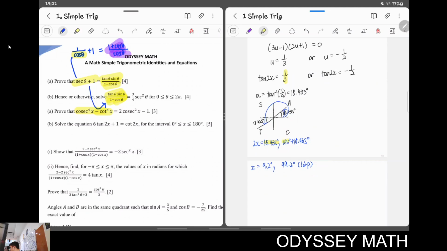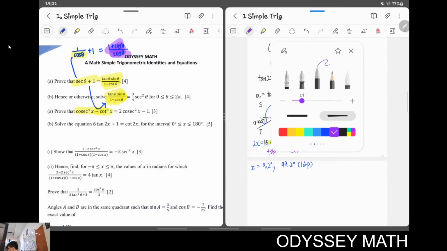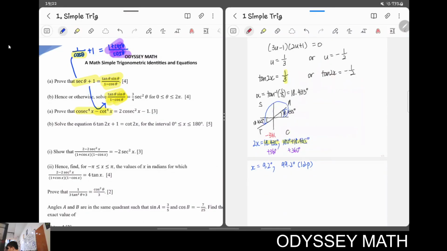Once you get the two angles, then either you add 360 to both of them to get the next answer, or you minus 360 from both of them to get the other answer. You don't have to do the looping if it's confusing. So you add 360 to both, always two angles first, then minus 360 from both angles. You all understand, right?